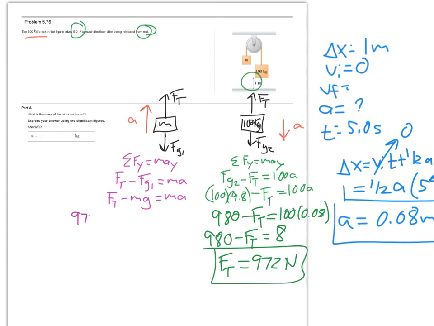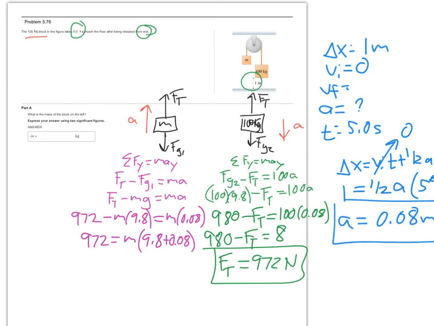So I'm going to have 972 because it's the same force of tension minus m, and I'm going to plug in 9.8 here because we do know the value of g, and that's going to be equal to m times my acceleration, 0.08. I can add this term over to the other side, and they're like terms, so we can combine them. So I get 972 is equal to m times 9.8 plus 0.08.